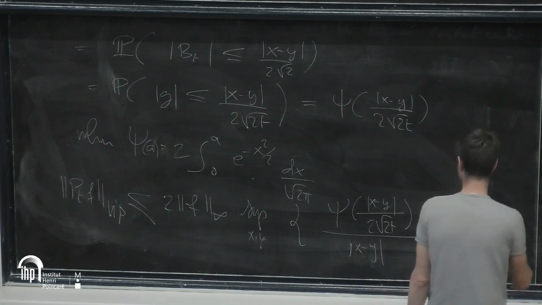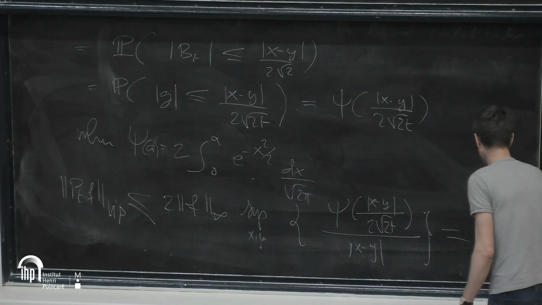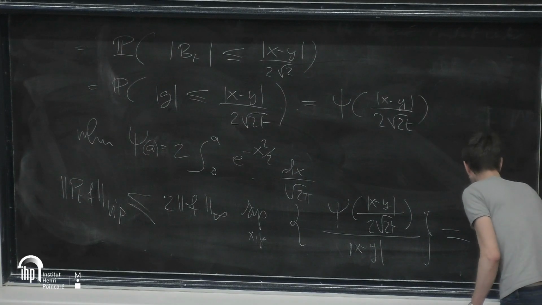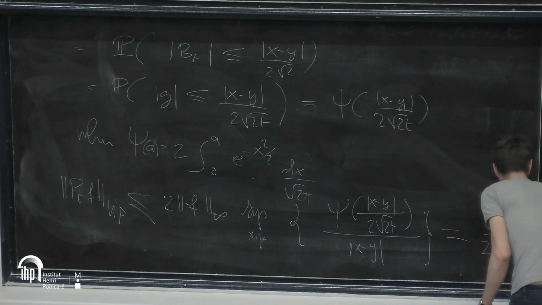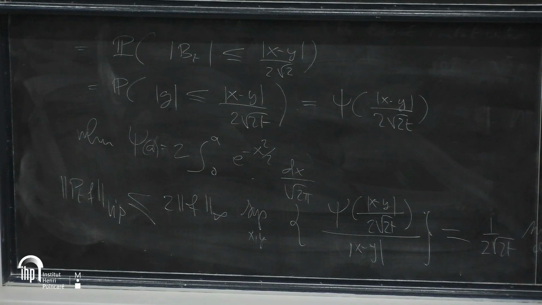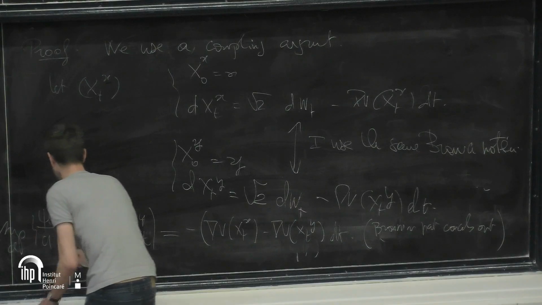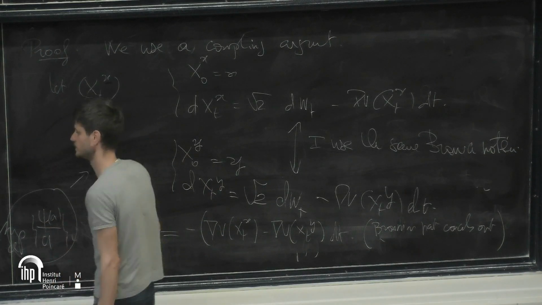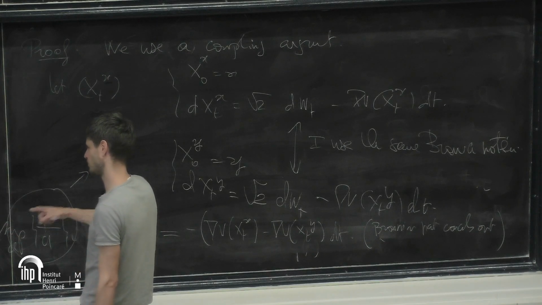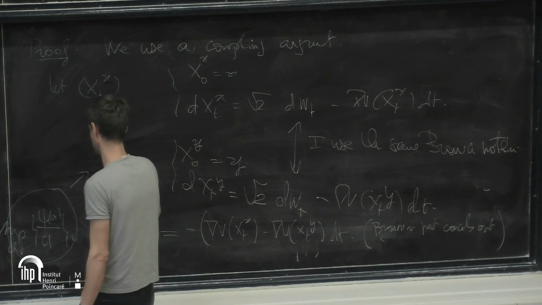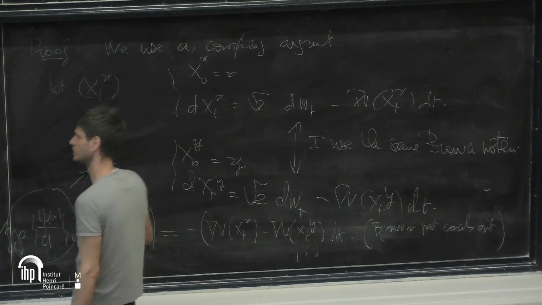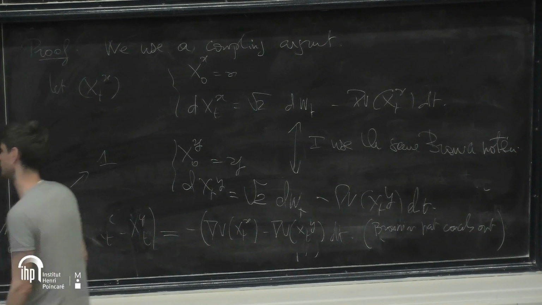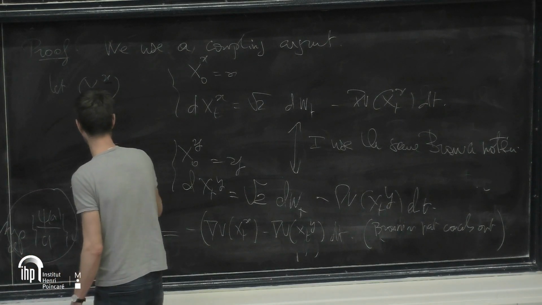In any case, you get 1 over 2 square root 2t, sup over a of phi of a divided by a, and this is a constant, I think square root 2 over pi.